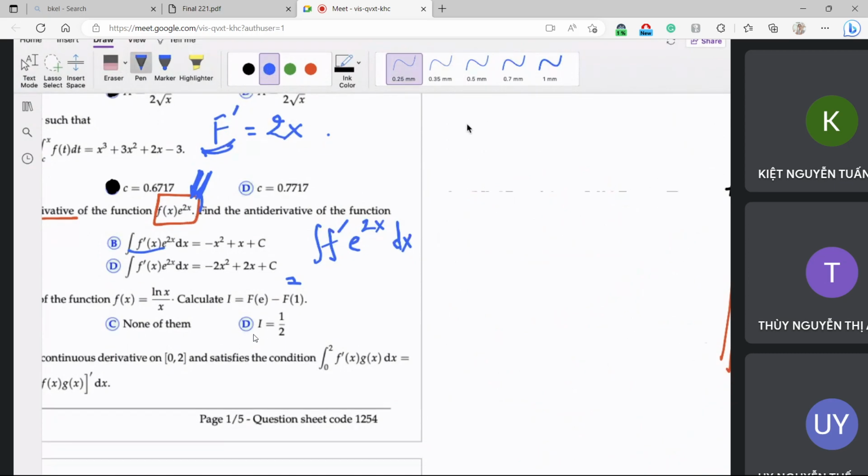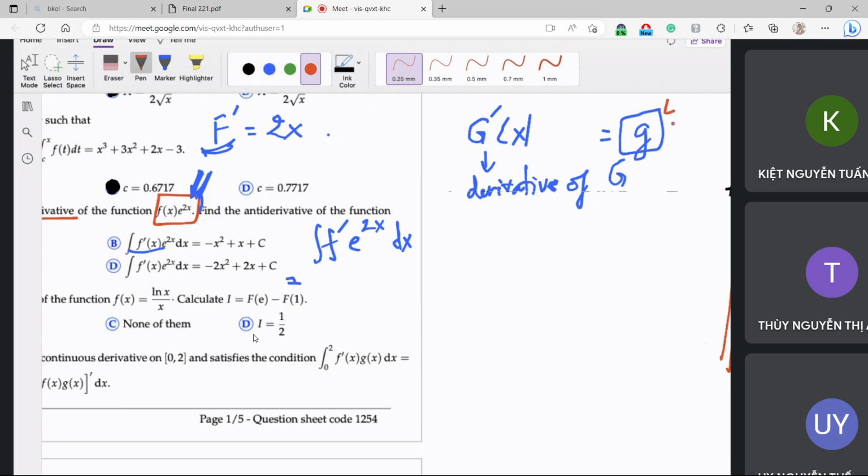I say it again. If we have a big G of x, what do we call it? It means that the derivative of G, if it equals the lowercase g of x, right, this is the derivative. And what is anti? Anti means the inverse.